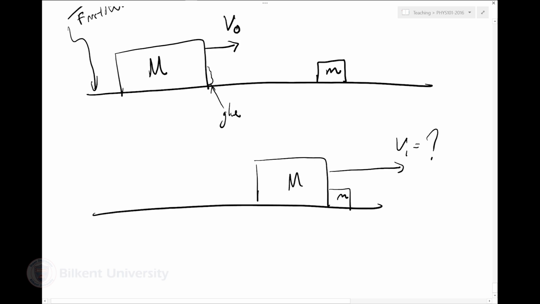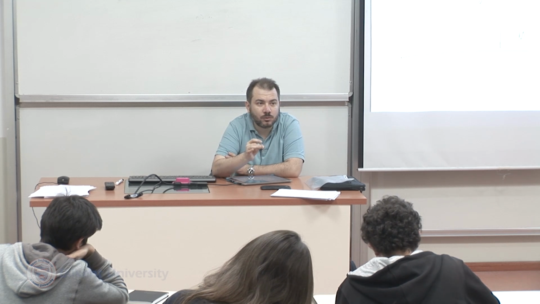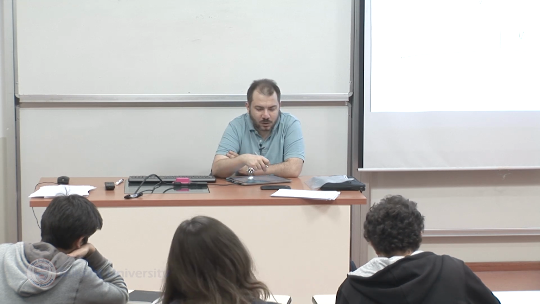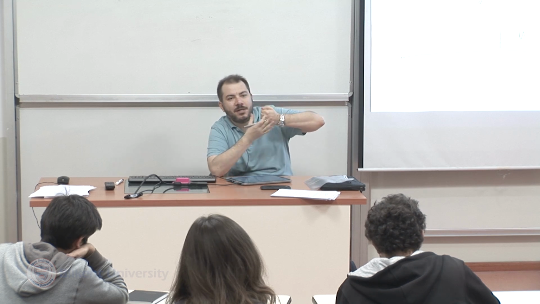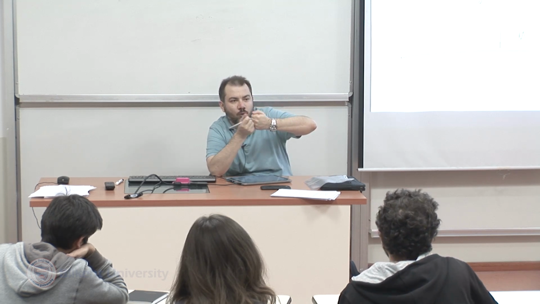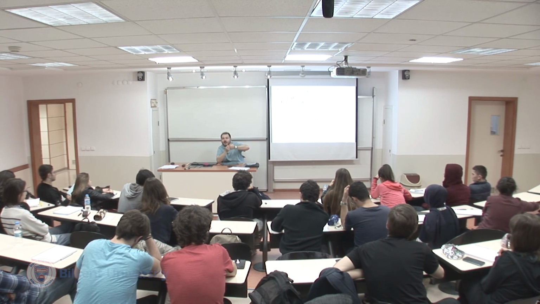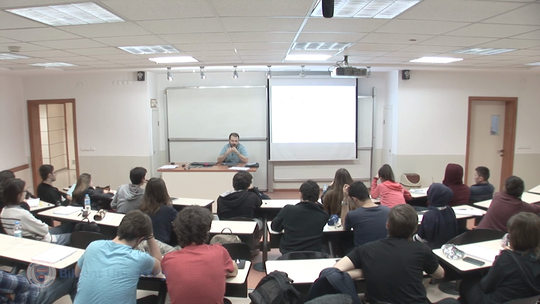Now, if I did not know about the concept of momentum, this is not an easy problem to solve. Why? Because what I actually have to do is write the forces acted by the big mass on the small mass during collision. Furthermore, I have to take into account that there is a glue between these two objects, right?